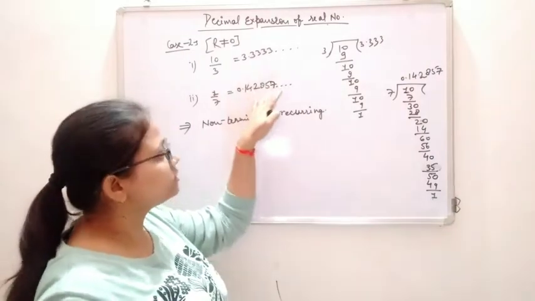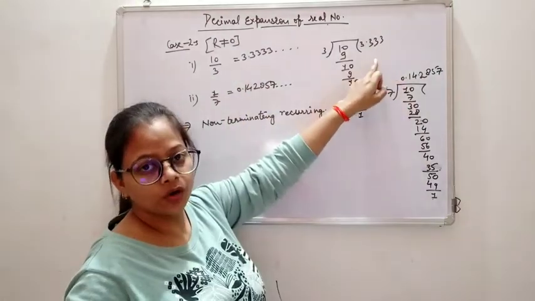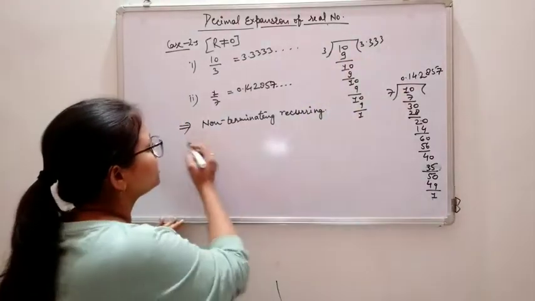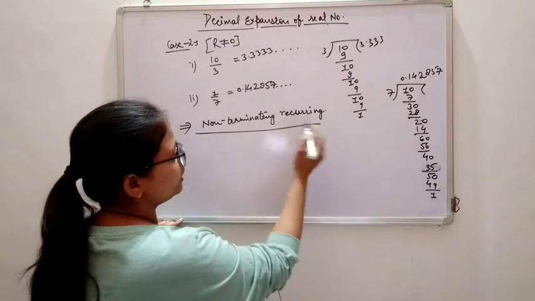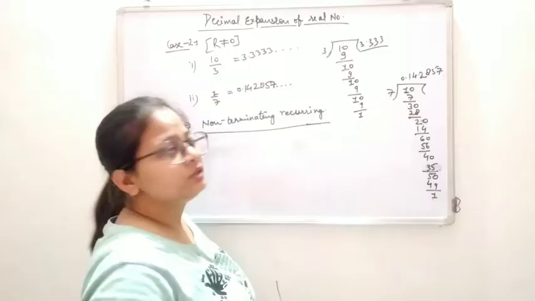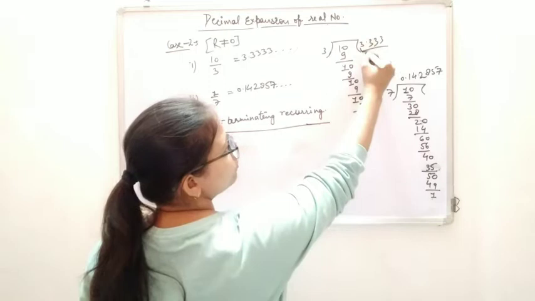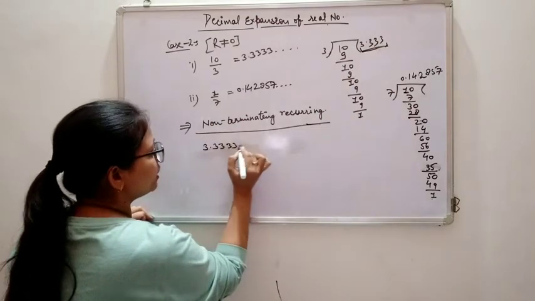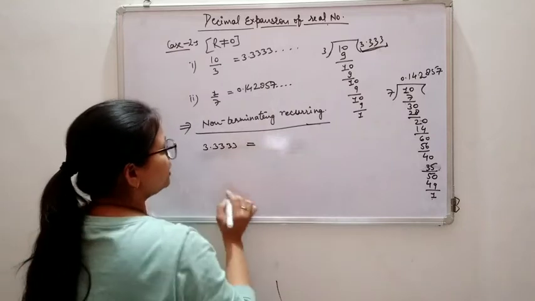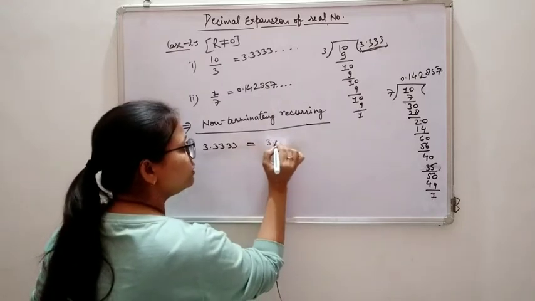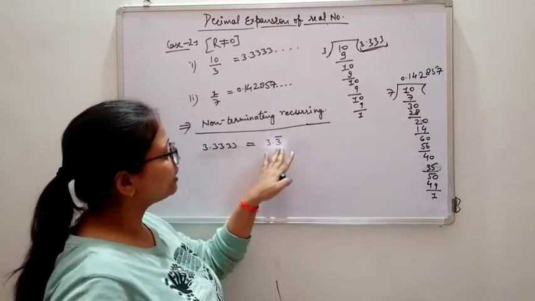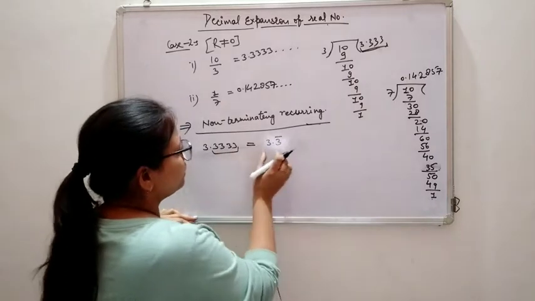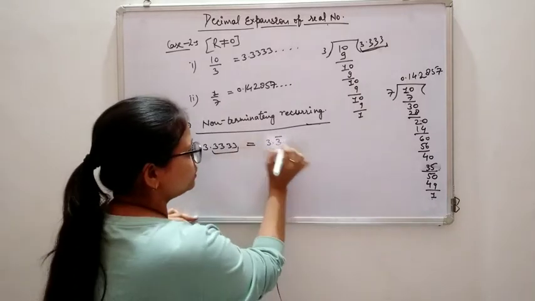Because the remainder starts repeating itself and we also get a repeating block of digits in the quotient. Now let's talk about this block of digits in the quotient. 3.3333, we can also write it as 3.3 bar. This bar indicates the block of digits that repeats in the quotient.